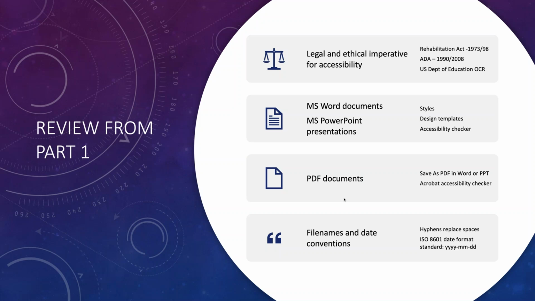And then finally, we talked about file names and date conventions and how it makes a whole lot of sense to replace spaces with hyphens in file names. Because if you have a file name that has spaces in it and you load it on a web server, whether it's a Word document or a PDF, the web server will convert those spaces into %20 signs.